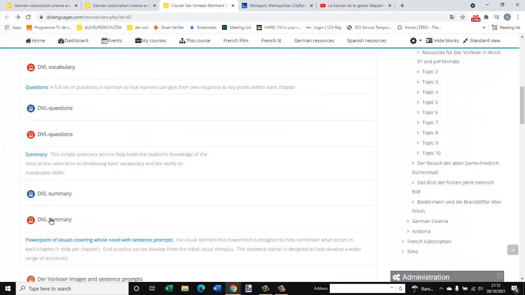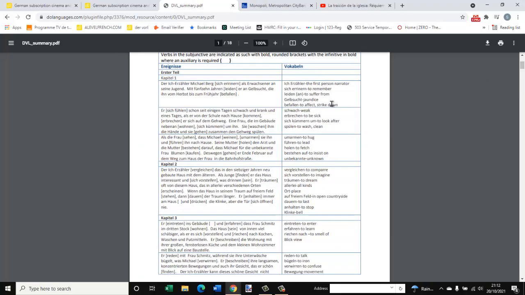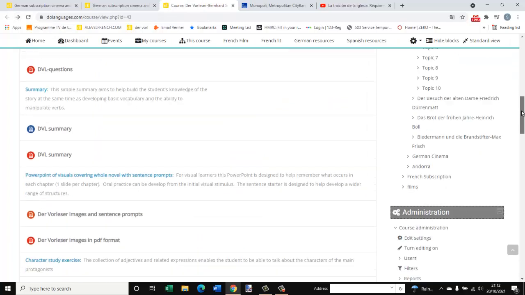And then you have the summary, which involves converting the infinitive within the separate sections into the appropriate tense of the verb. So a very good recap of all the tenses, with some of the key vocabulary down the right hand side, so that you can be fairly sure they're meeting all the words they'll need to get the quality of language marks.